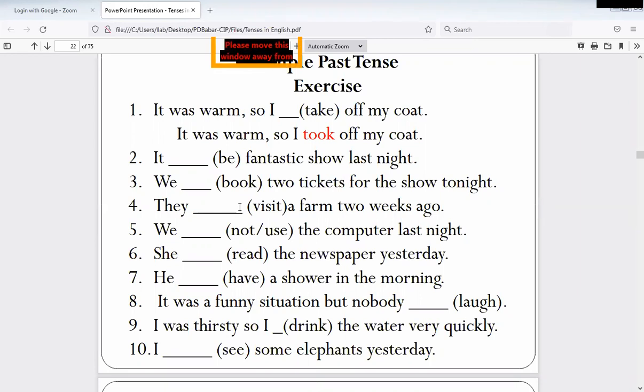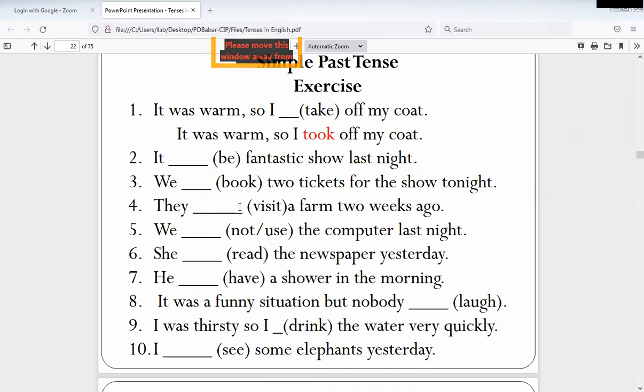Then see the 5th example. We (not use) the computer last night. So this is a negative sentence, the negative form, and we have to use the past form of the verb to complete this sentence.